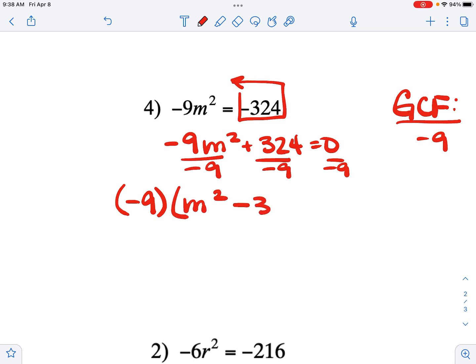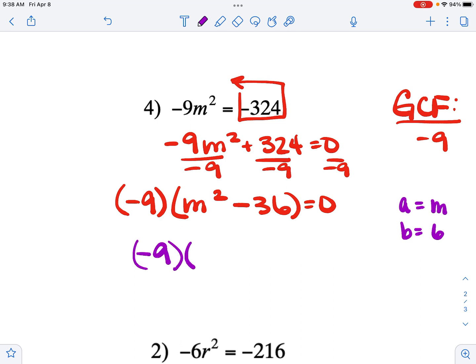And that is a negative 36 equals 0. Determine if they're both perfect squares. They are. The A is going to be m. The B is going to be the square root of 36, which is 6. So our final answer is negative 9 times m plus 6 and m minus 6.